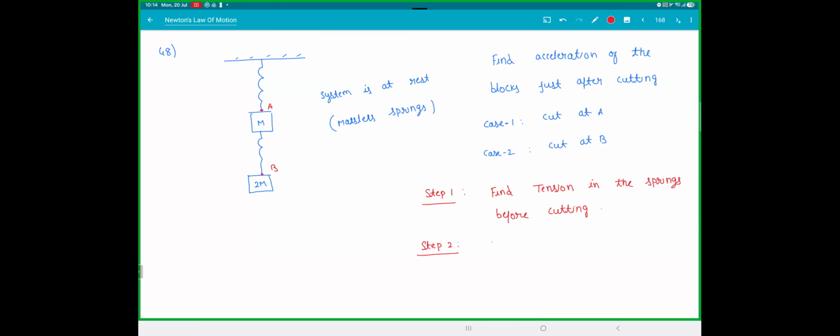Whichever spring you cut, that tension will become instantaneously 0. The other ones will not change. Spring which is cut has 0 tension. Other springs are unaffected. Step 3, apply F is equal to MA and solve.